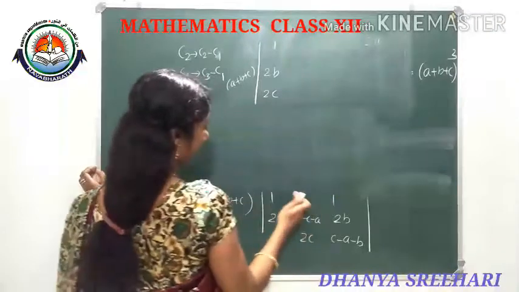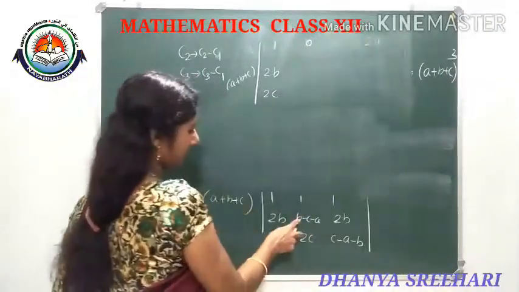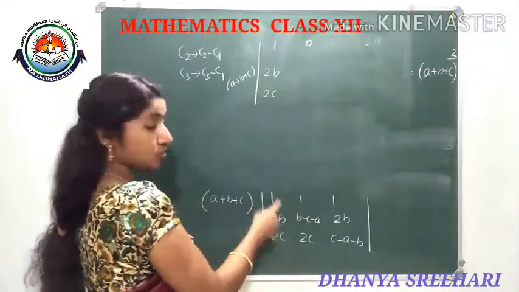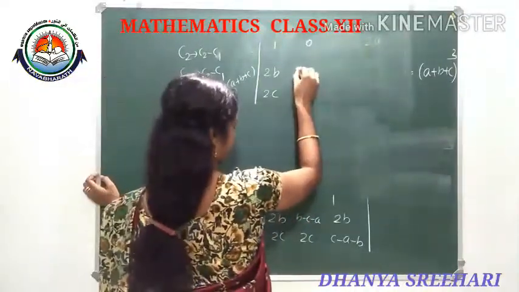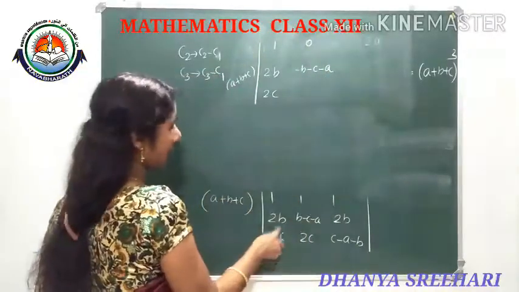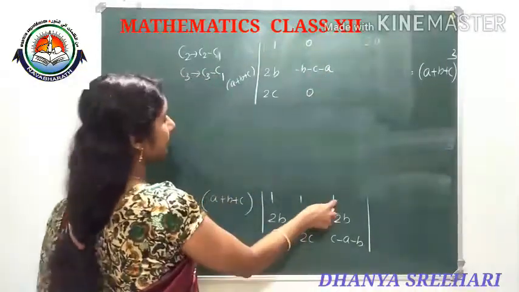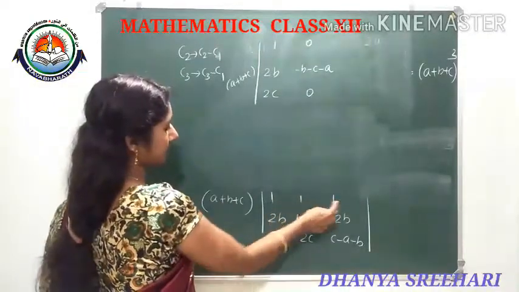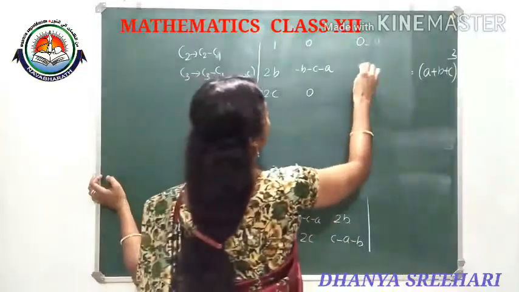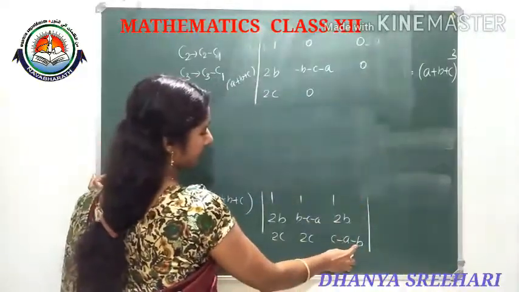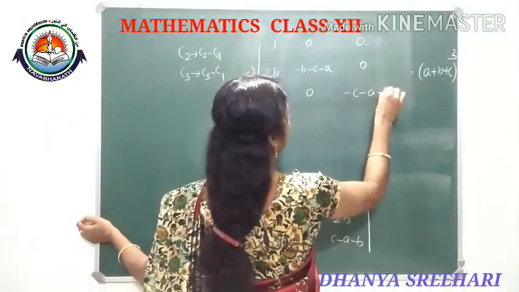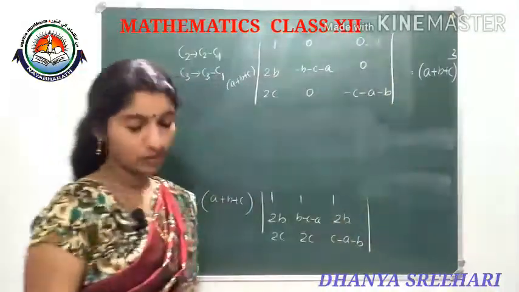And 1 minus 1 is 0. b minus c minus a minus 2b will come, b minus 2b is minus b, so minus b minus c minus a will come. 2c minus 2c is 0. And C3 also going to change, C3 minus C1. So 1 minus 1 is 0, 2b minus 2b is 0. c minus a minus b minus 2c will come, minus c minus a minus b. Okay.